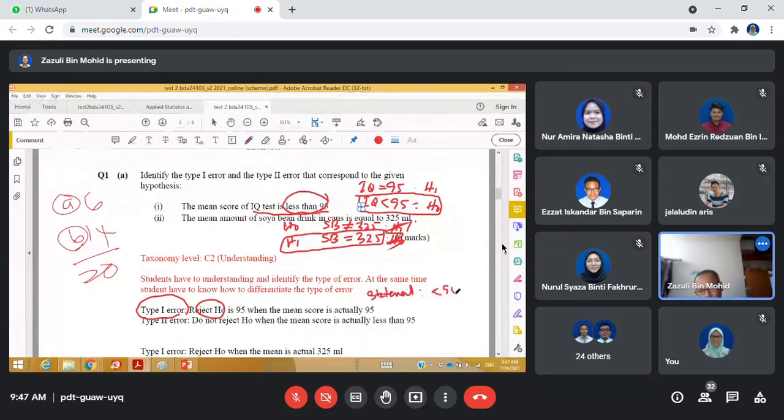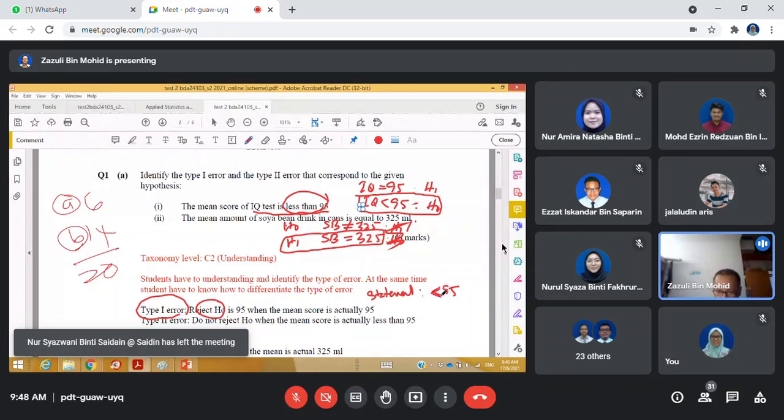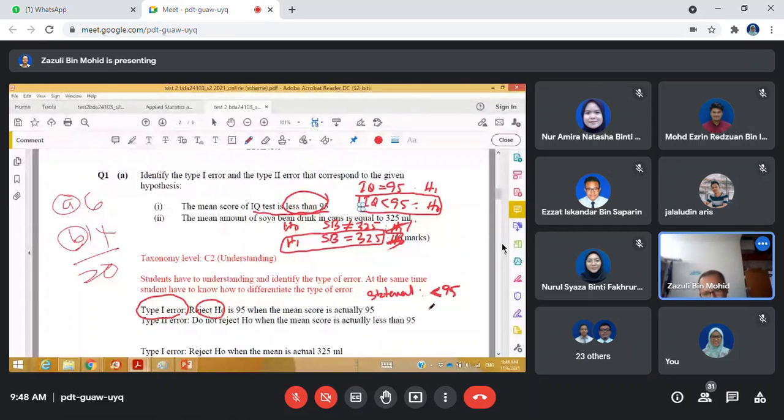For type 1, error is the possibility that we reject the statement, when this statement we assume as a null hypothesis. The statement said that it must be equal to 95, but when we found out that the score is actually 95, we have to reject the H0. We have to reject the H0 when it's actually 95.